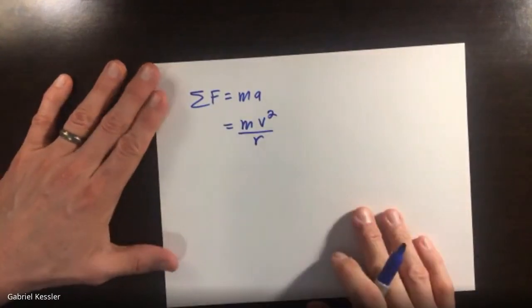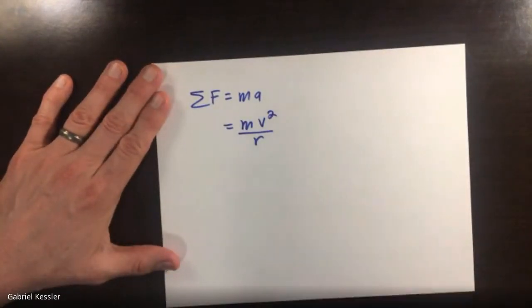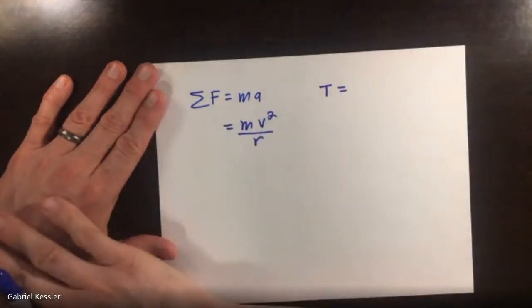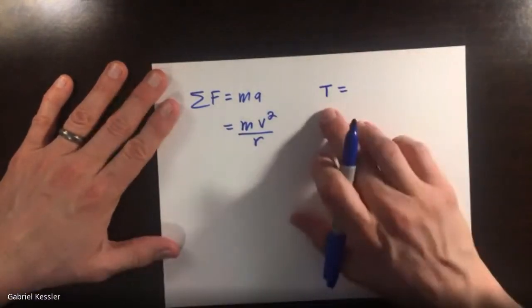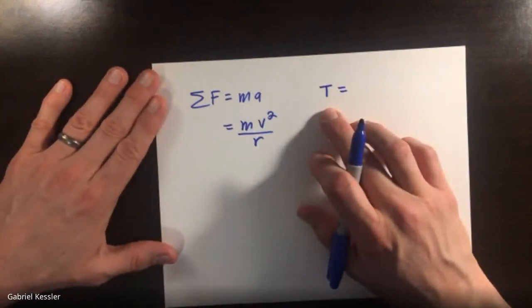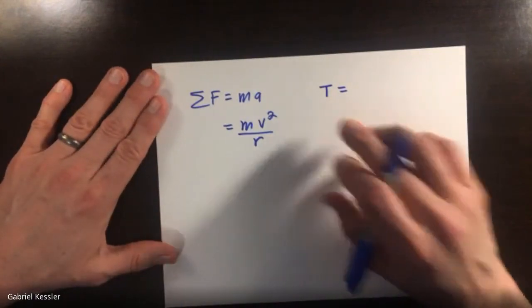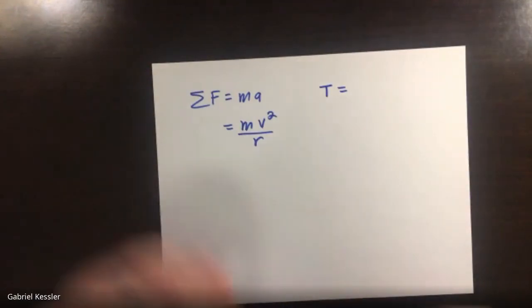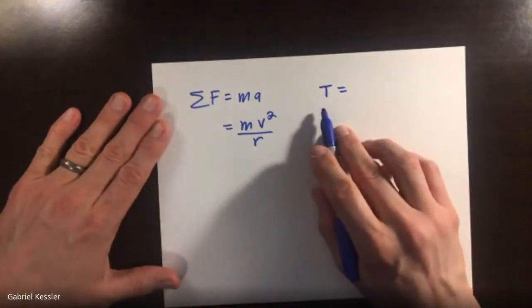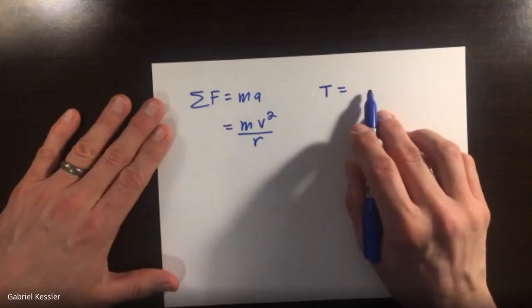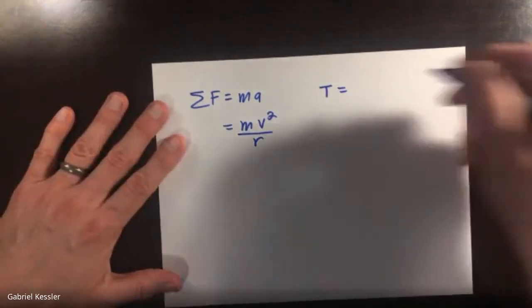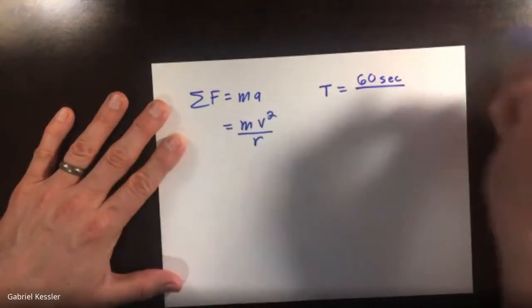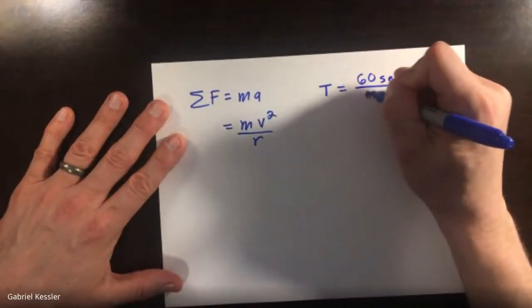Now it gives me the number of revolutions per minute. Technically that's not period, that's an angular velocity. Revolutions per minute is an angular velocity. But what I can do is take that, since mine says a certain number of revolutions in 1 minute, I could take 60 seconds divided by the number of revolutions, which I think everybody's going to be different.